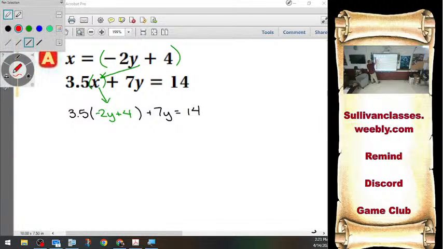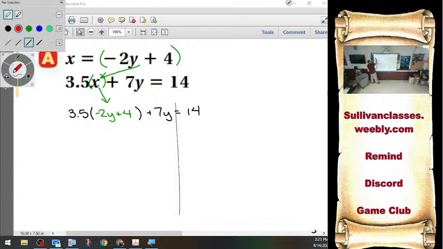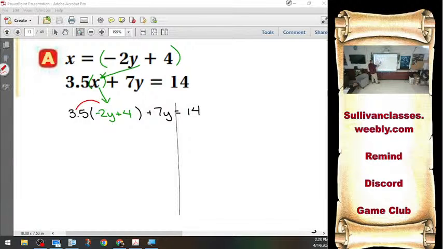Then solve it like you're back in first semester. 3.5 times this stuff is a negative. Oh, I'm done doing your mental math for you. It is negative 7y. 3.5 by 4. Positive or negative? Okay. And then this positive 7y is just hanging out over here.